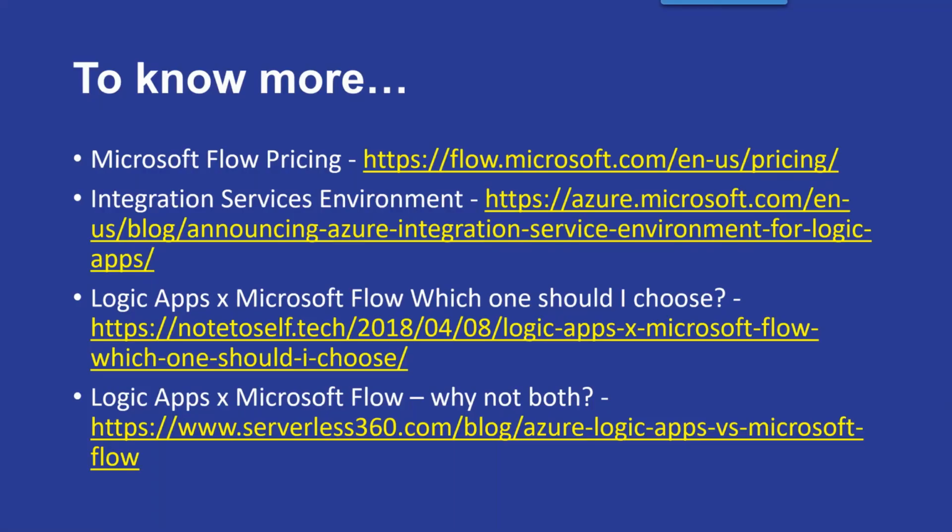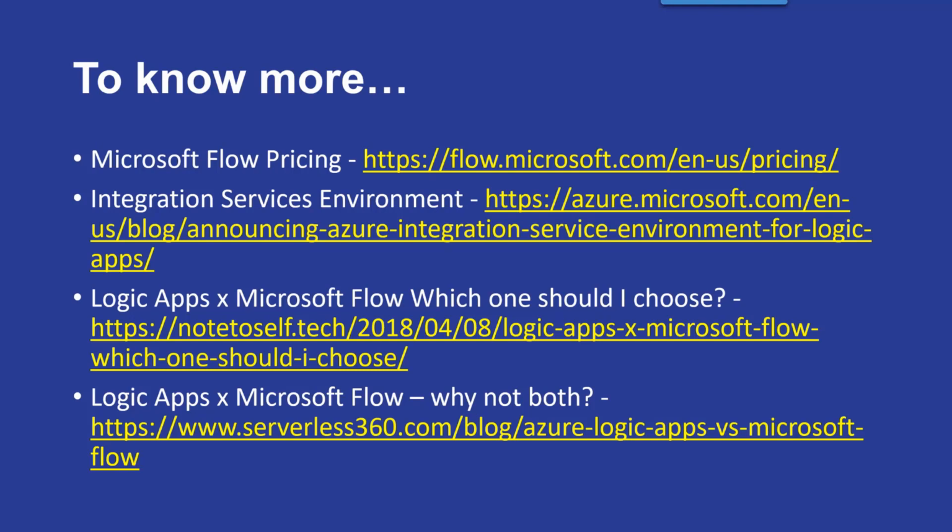If you want to know more, I have some more information about the Microsoft Flow pricing here, because I think that is something a lot of people need to understand when they invest more in Flow, and what the capabilities are when you buy a Flow Plan 1 or a Flow Plan 2, and what you already have available with Office 365 or D365, etc. I put a little bit more information about integration service environment, right?